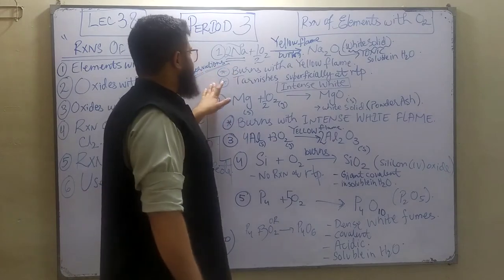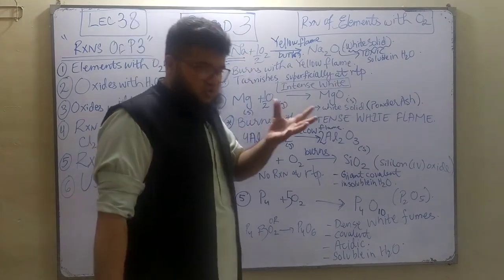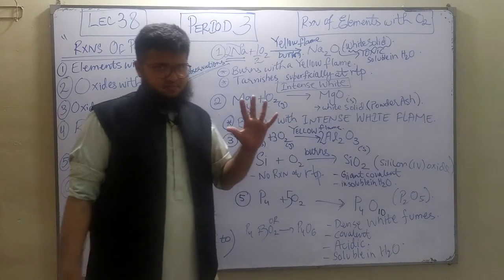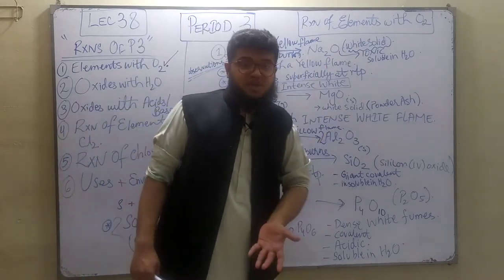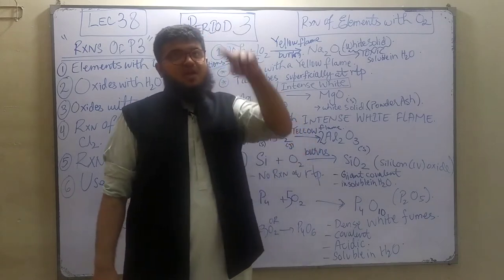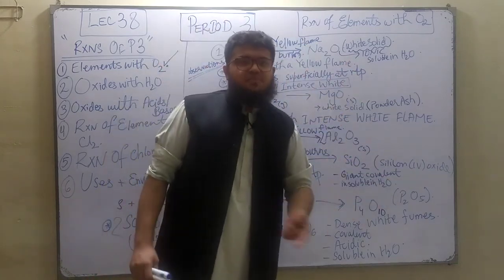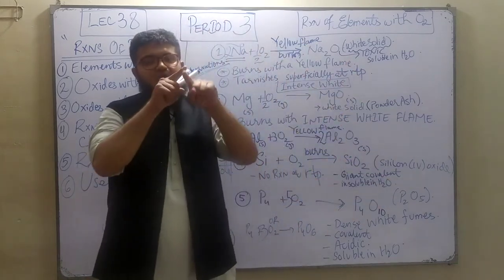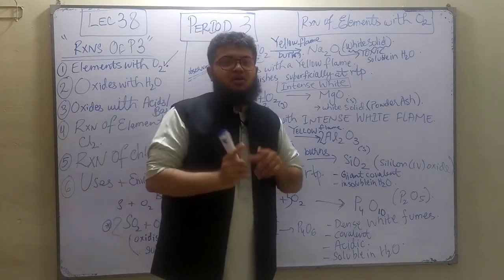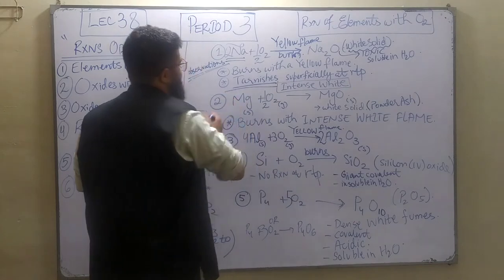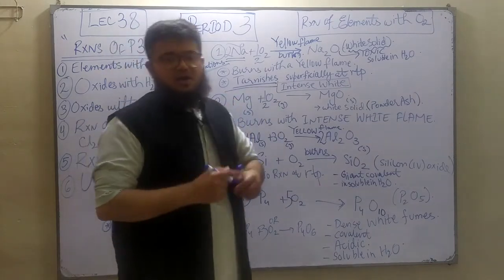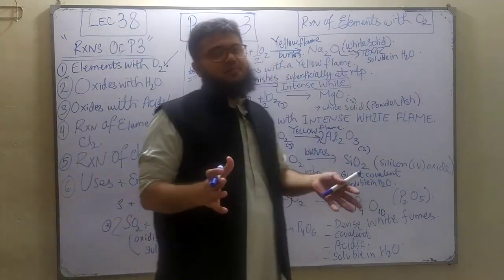If you leave sodium out in open air, on its superficial surface layer the sodium will react with the oxygen in the air slowly but gradually, and its surface will change color. We say that sodium has tarnished. So sodium tarnishes when it is left open at room temperature.